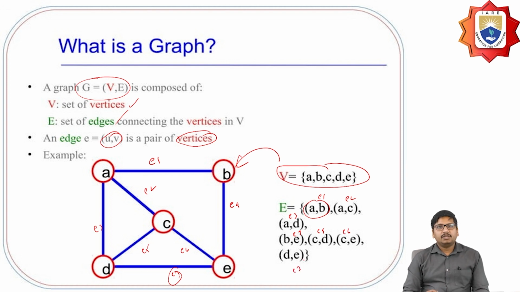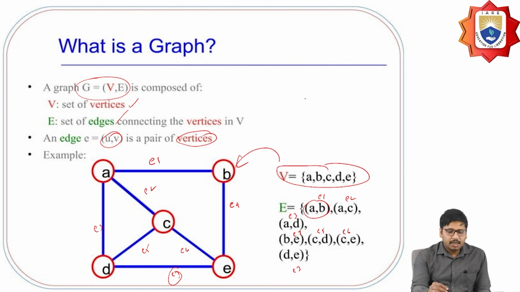So the graph is nothing but a set of vertices and edges, represented as G = (V, E), where V is the set of vertices and the edge is nothing but the line segment between two vertices.